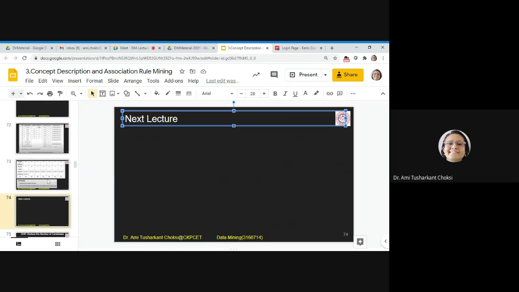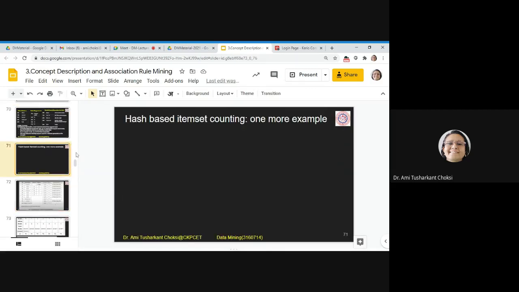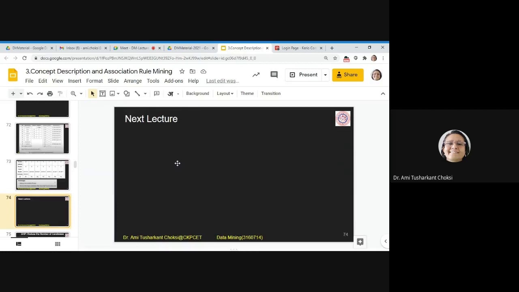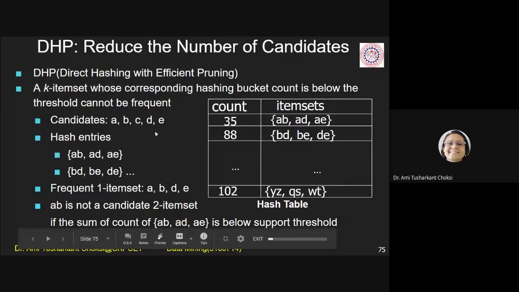So, in the last lecture, what we studied was hash-based item set counting, right? Now we want to learn further. DHP, that is direct hashing with efficient pruning. It reduces the number of candidates.